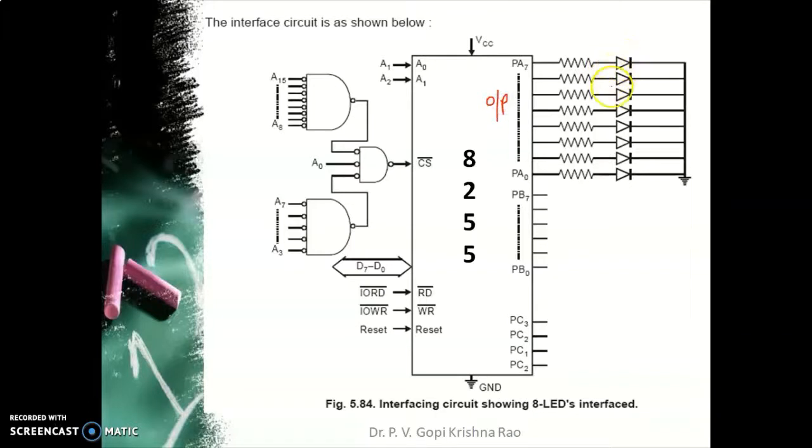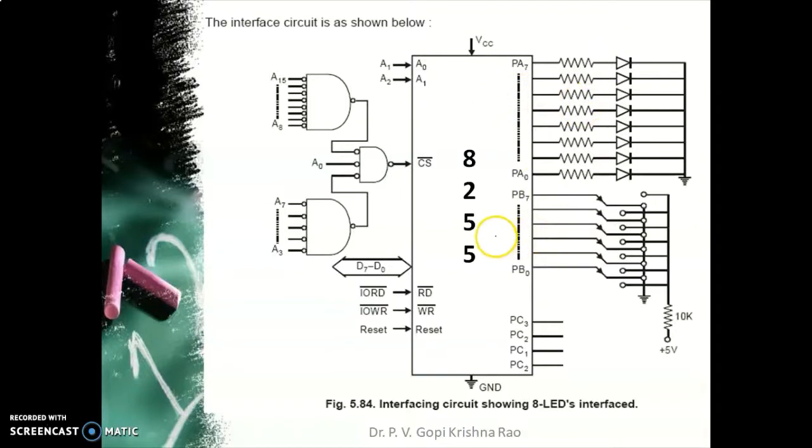So 8 LEDs are connected to port A through a current limiting resistor of 220 ohm, so that the LEDs do not draw excess current from port A and damage the chip. Port B is configured as input port, so switches are connected to port B, giving an input of 1 and 0. This is the basic interface connection that we need to make.